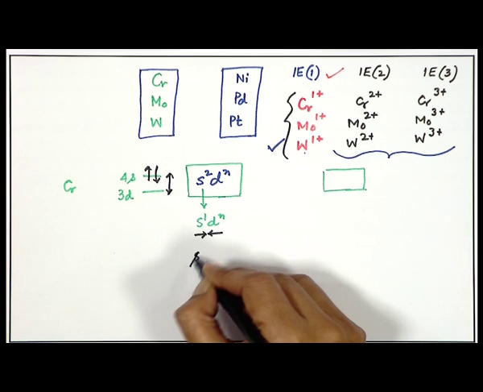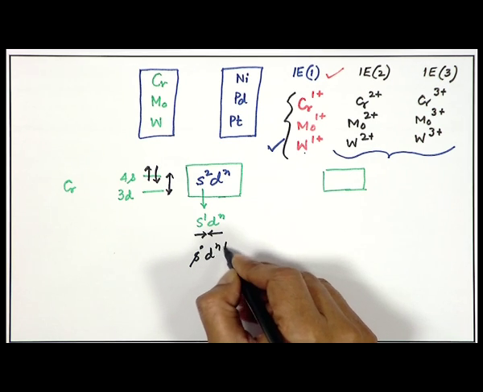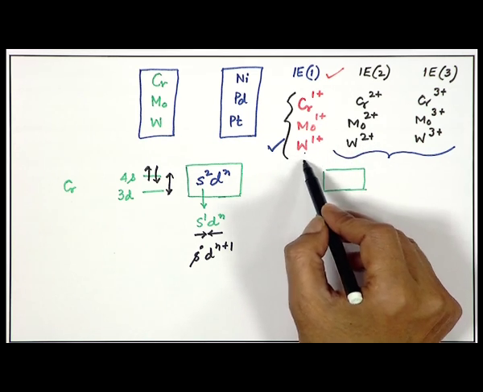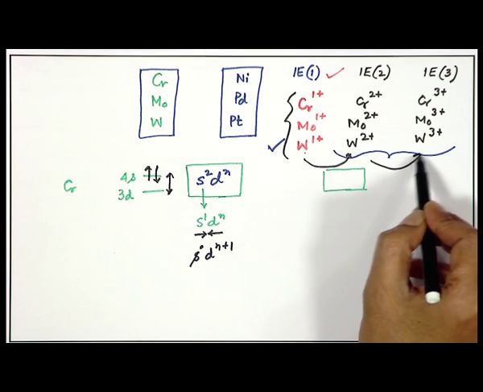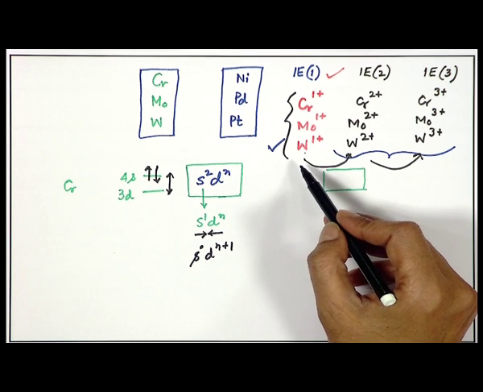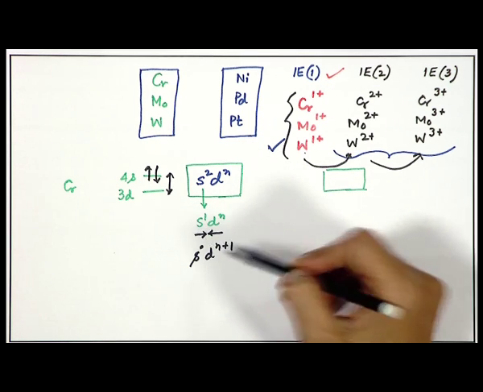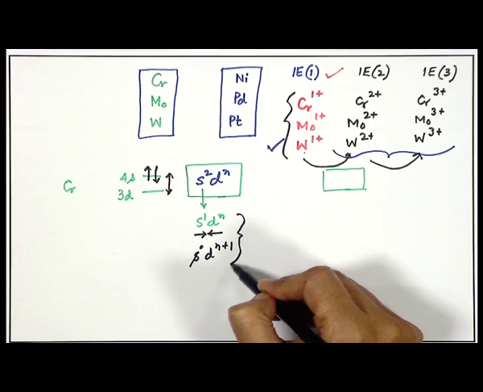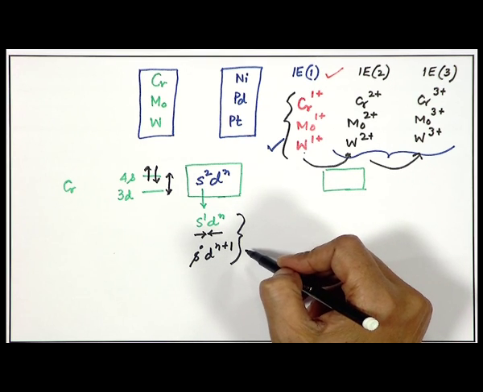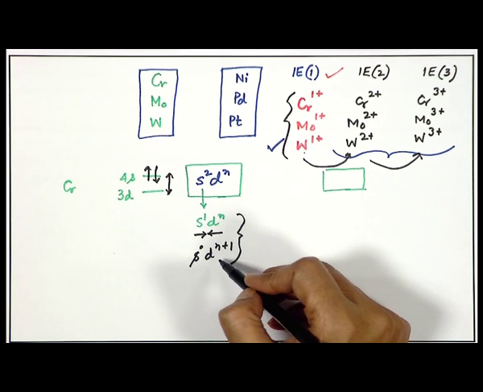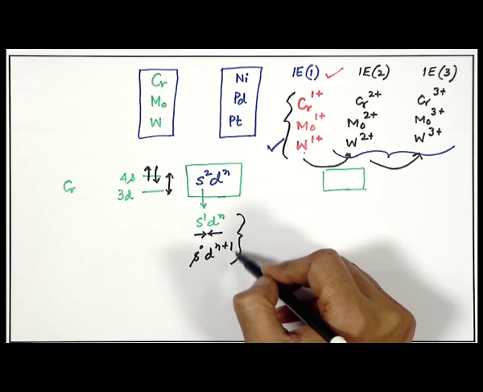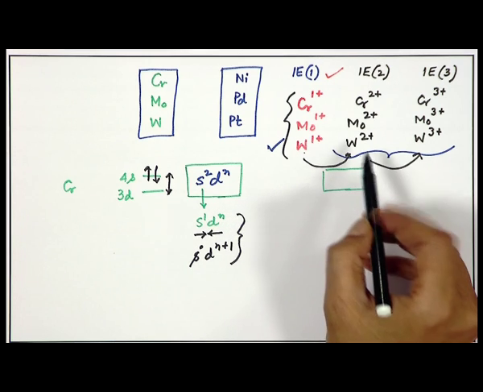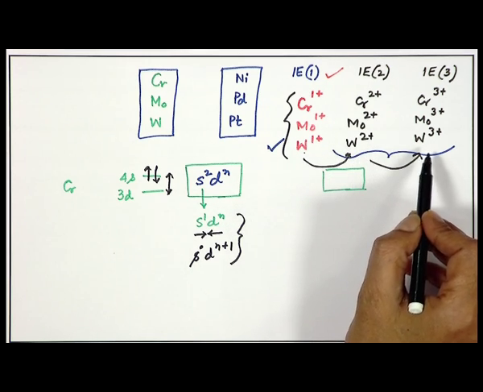So s will be 0 and d will be dn+1. So in the successive removal of electrons from the first to the second and to the third, the first one is removed from the s level, but for the subsequent electrons, if reorganization can take place, we can gain some energy through that reorganization energy. That will help us say that the s level is empty and only the d electrons remain for the second and third ionization energy.